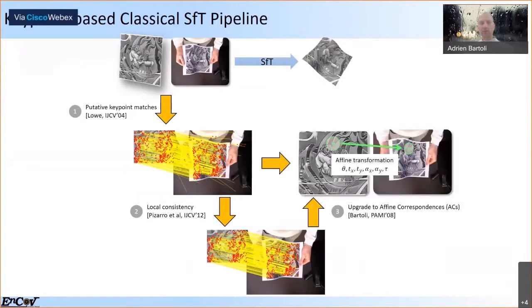But before that, we have a critical step, which is to upgrade these point correspondences to what's called ACs, affine correspondences. So for that, we basically upgrade each point with its local differential structure represented by an affine transform.